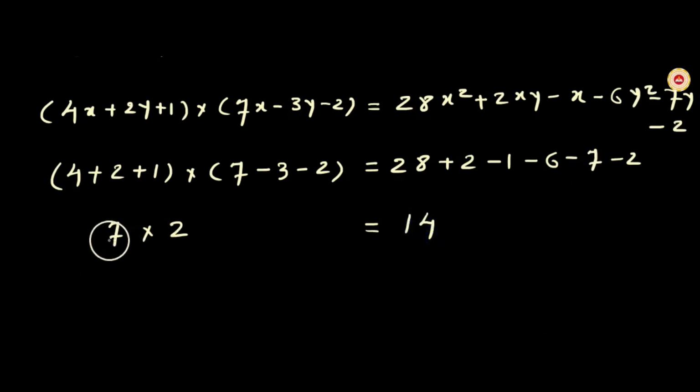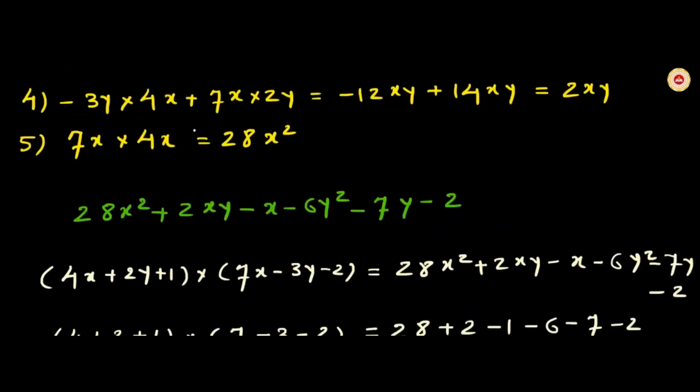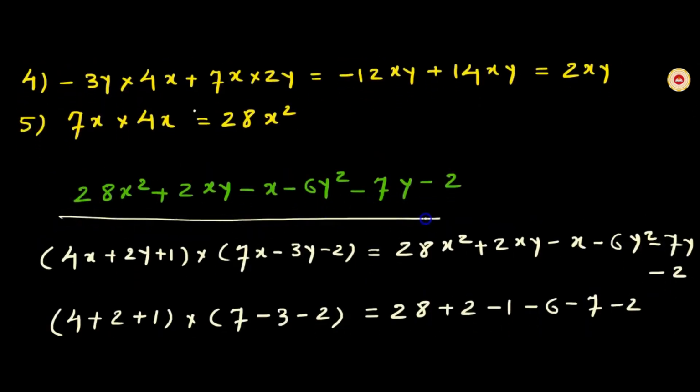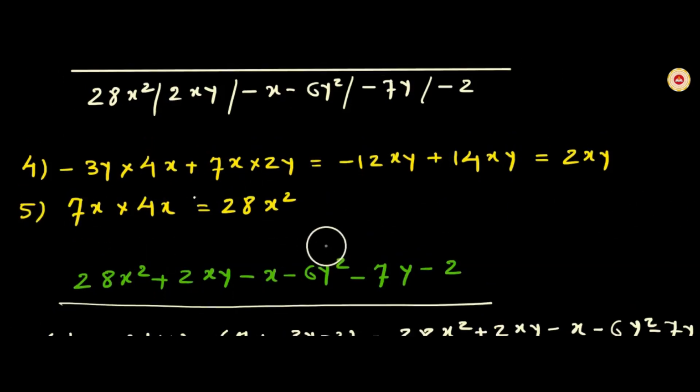Right? So 7 2s are 14. 1 plus 4, 5. See, 7 2s are 14, 2 digits, 1 plus 4, 5 and 1 plus 4, 5. Left hand side and right hand side are verified equal, so the answer is correct. So friends, please pause the video and write these steps also.